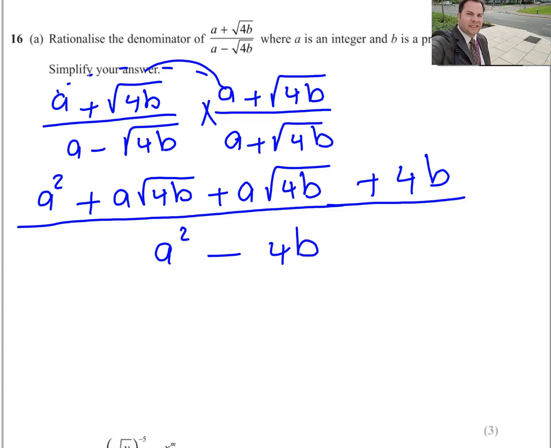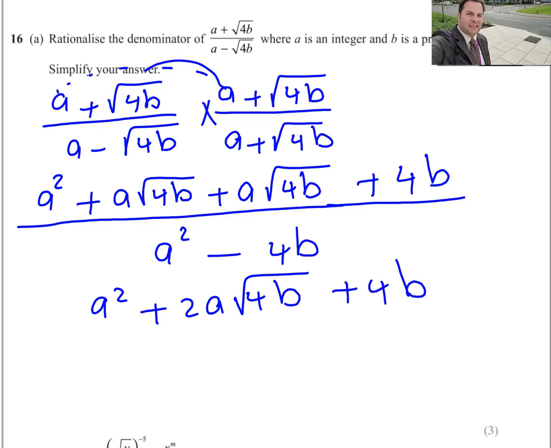You can simplify more. a squared plus these two like terms, you can write 2a square root of 4b, plus 4b, all divided by a squared minus 4b.